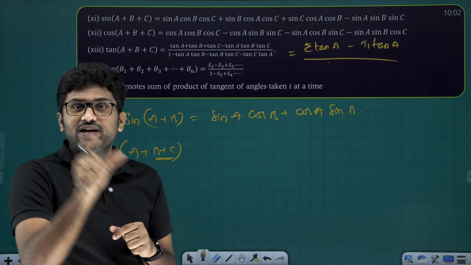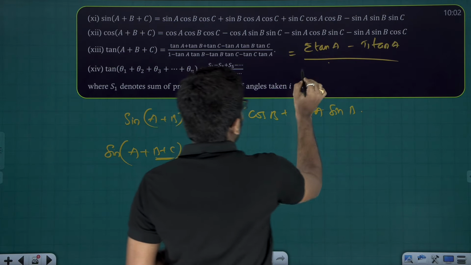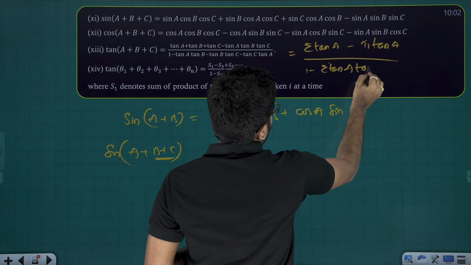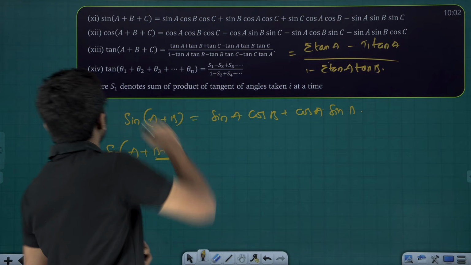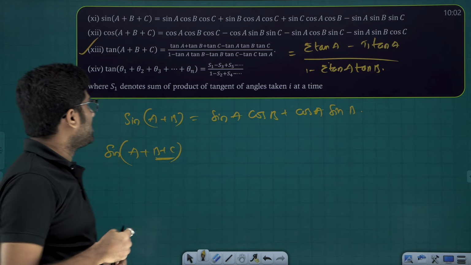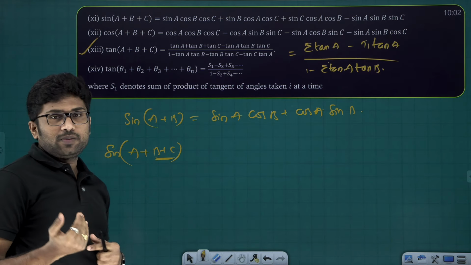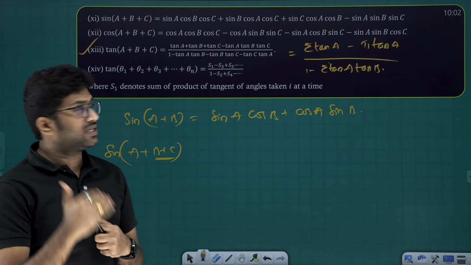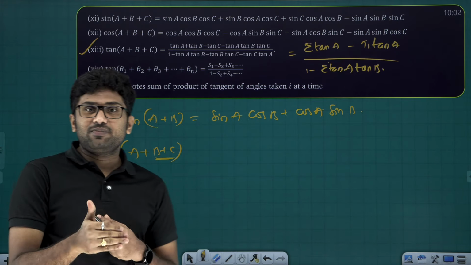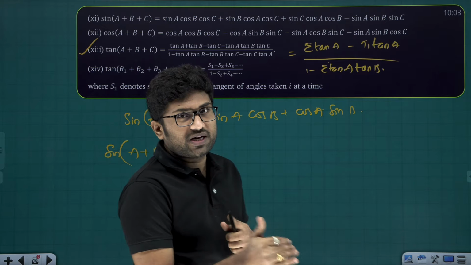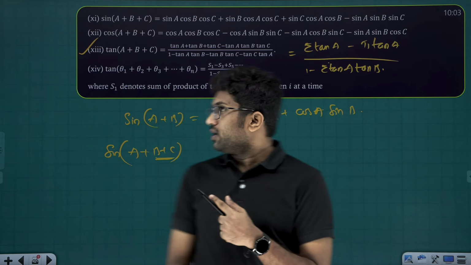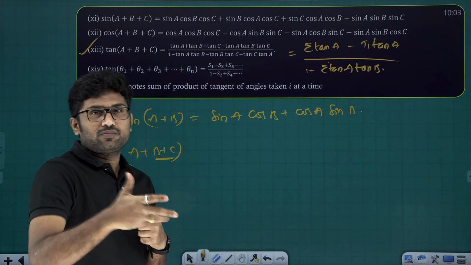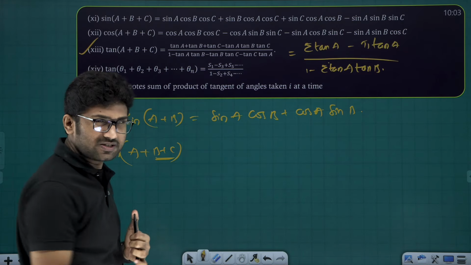Pi tan A means tan A into tan B into tan C, whole divided by 1 minus sigma tan A tan B. So tan(A+B+C) is tan A plus tan B plus tan C minus tan A into tan B into tan C, whole divided by 1 minus tan A tan B minus tan B tan C minus tan C tan A. This is important. Next, if we express it for more angles, not necessary at all.